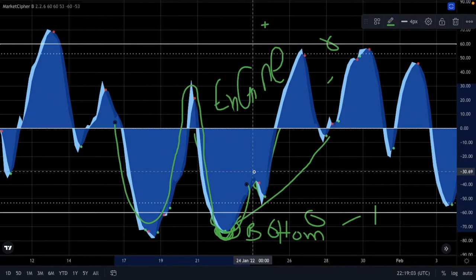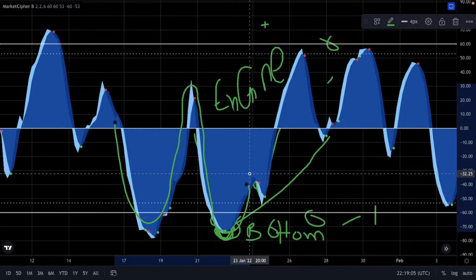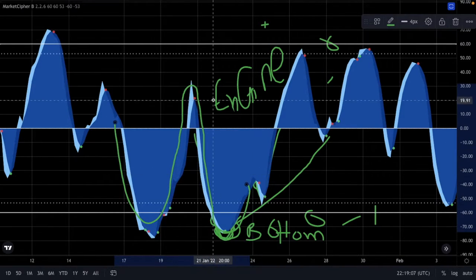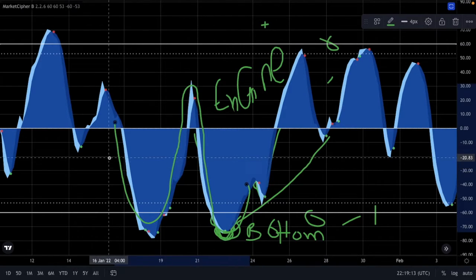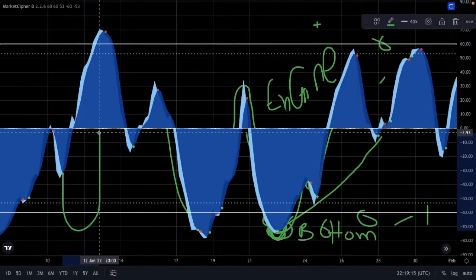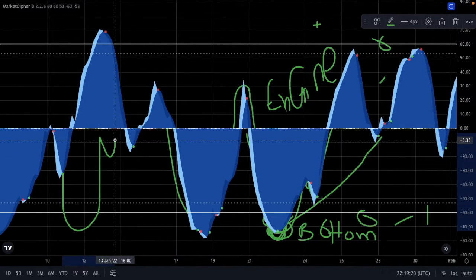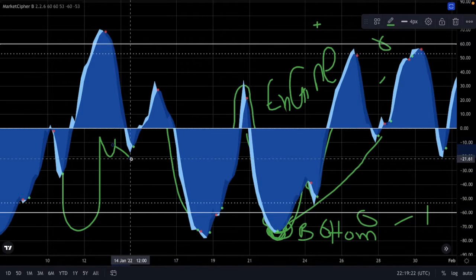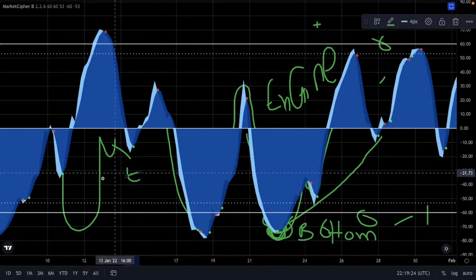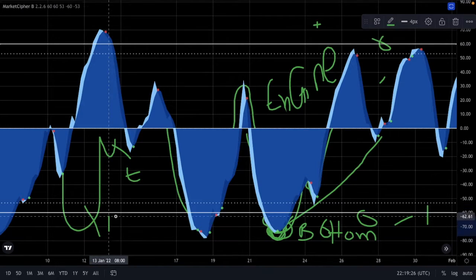So it's basically waves moving up and down along the zero line, forming from bigger waves to smaller waves. Anytime you see a bigger wave forming, you realize that there's going to be a smaller wave coming, if possible. The smaller wave is referred to as the trigger wave, and the bigger one is referred to as the anchor wave.